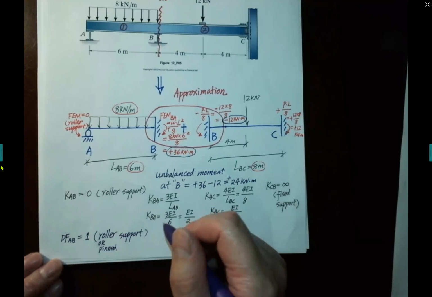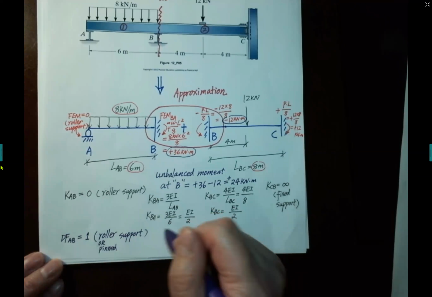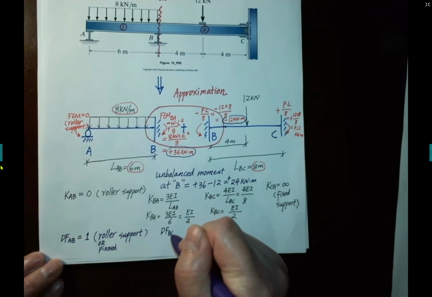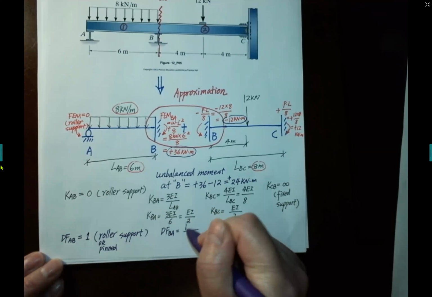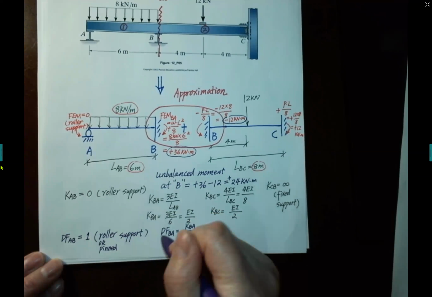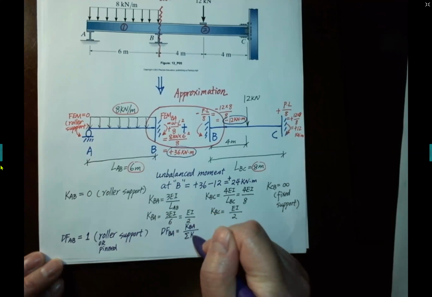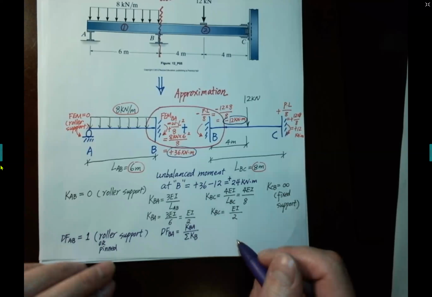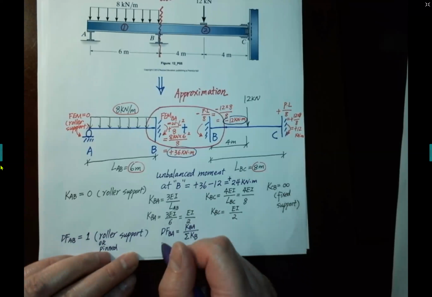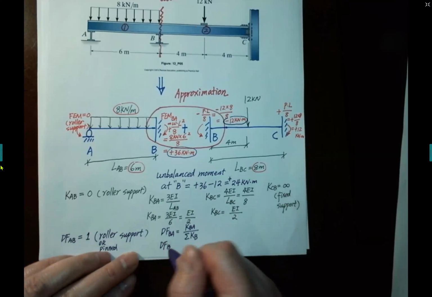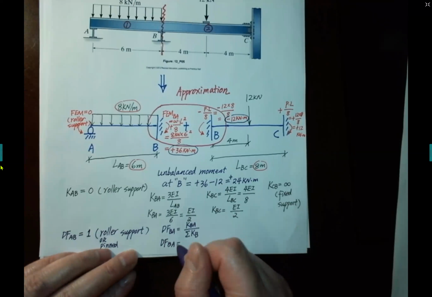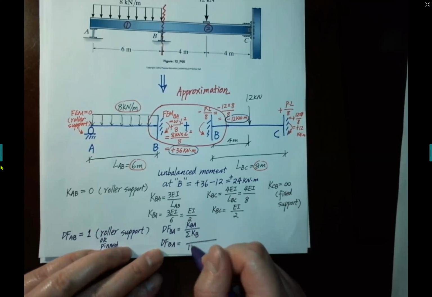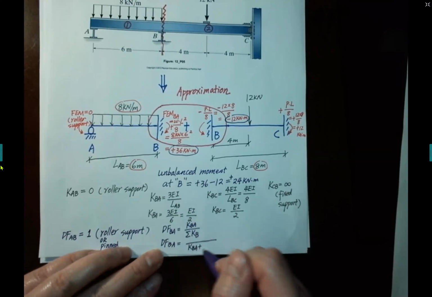And for BA, distribution factor BA equals KBA over the total stiffness at B. So equals KBA plus KBC.